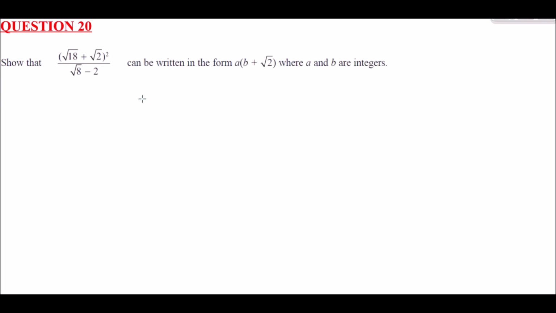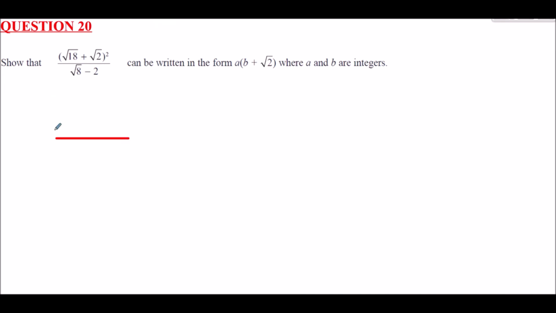Next we have question 20. So again, this is a show that question. We need to show that root 18 plus root 2 all squared all over root 8 minus 2 can be written in this form here, where a and b are integers to be found. So first of all, we can expand the top.